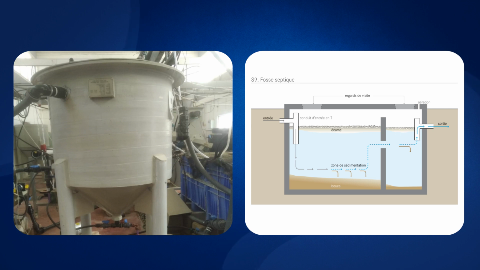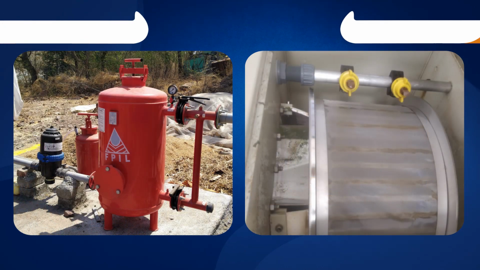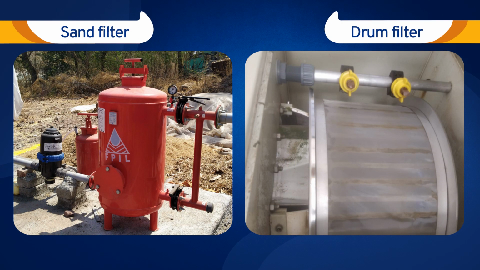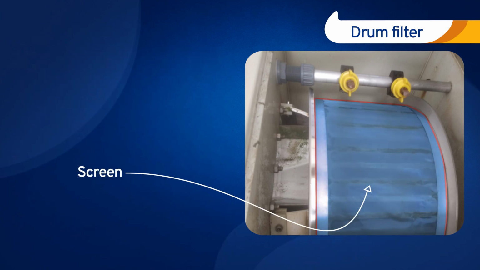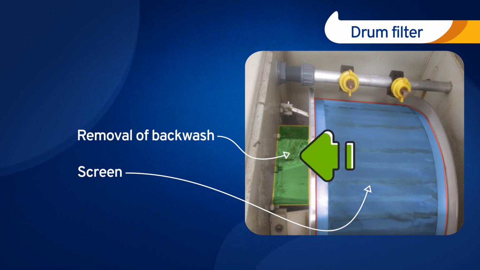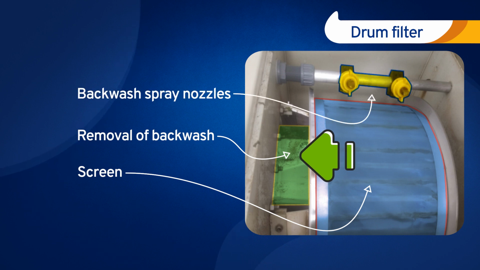Smaller particles can be removed or filtered out by devices such as drum and sand filters. In the drum filter, water passes through a screen with a known pore diameter. The trapped solids are backwashed and removed from the system with clean water that is emitted via spray nozzles whenever the screen clogs.